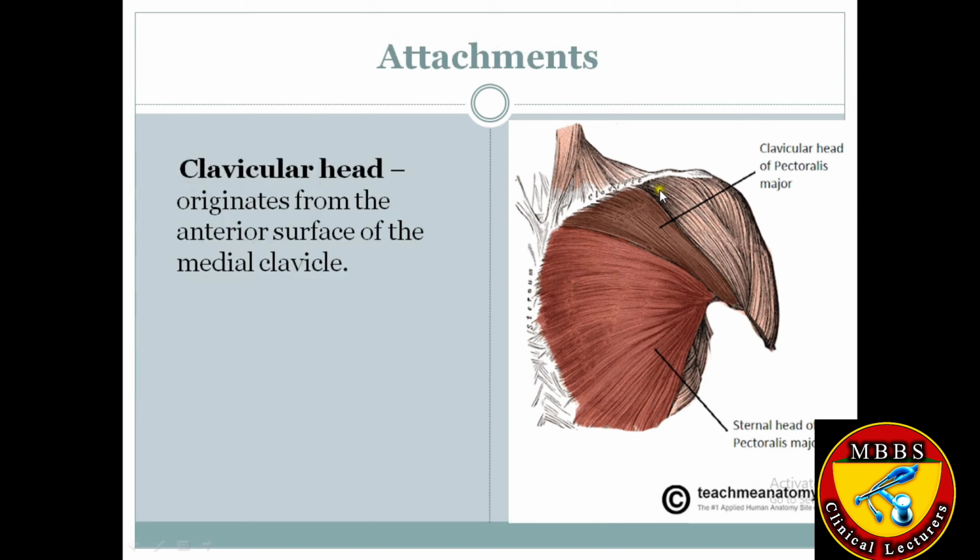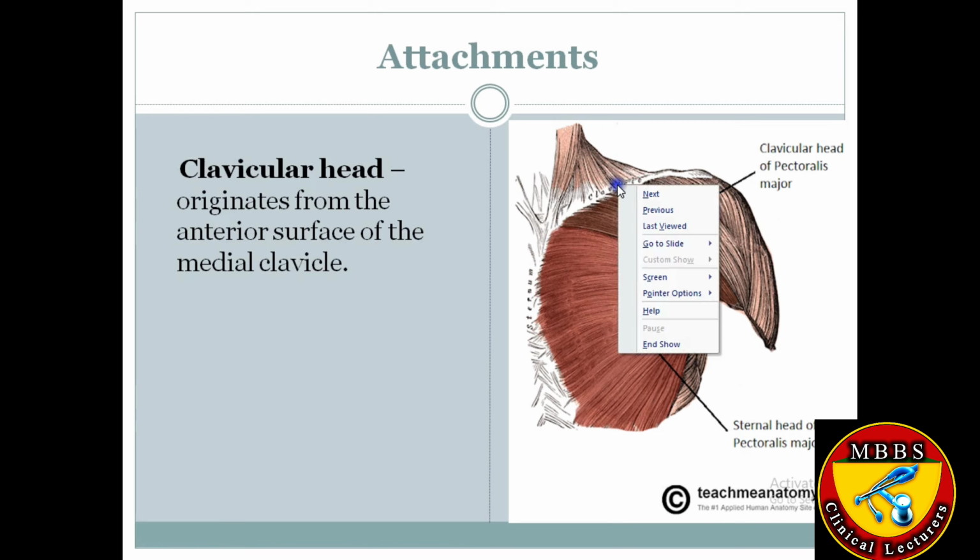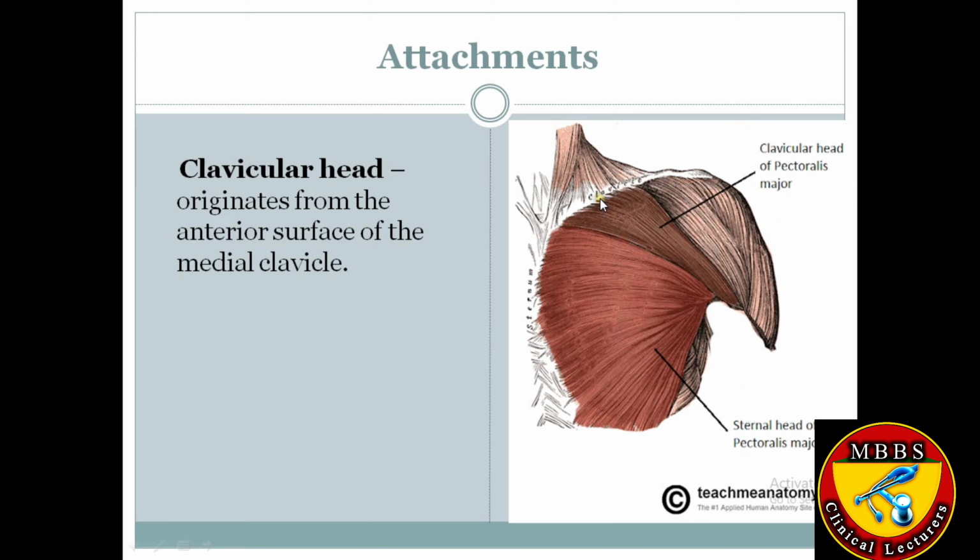Clavicular head of the pectoralis major. It originates from the anterior surface of the medial clavicle. As we know, the clavicle is a horizontal bone, so it has an upper surface, which is called the anterior surface, and a lower surface, which is called the posterior surface. So the clavicular head originates from the upper surface, that is the anterior surface of the clavicle.